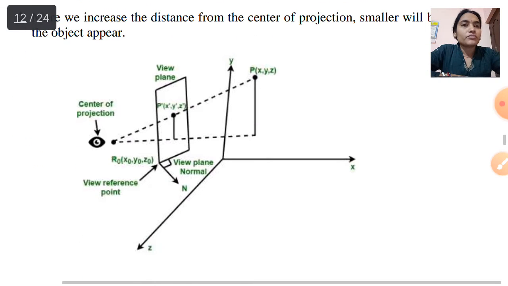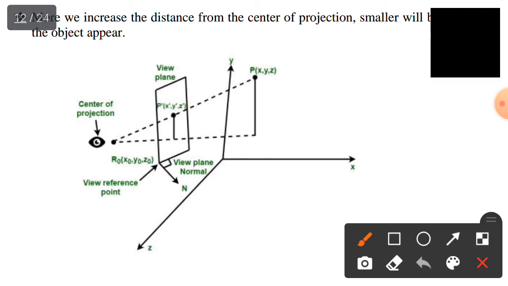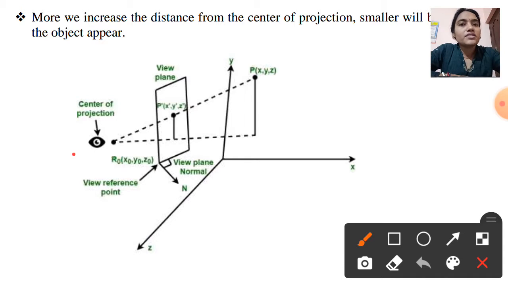In this example, this one is our center of projection. This rectangle is our view plane. And the object is here. When the object is in the view plane, this one is our original object. The point P is X, Y, Z, and here this one is our view plane.